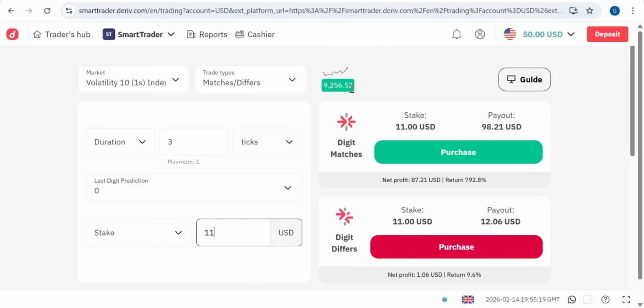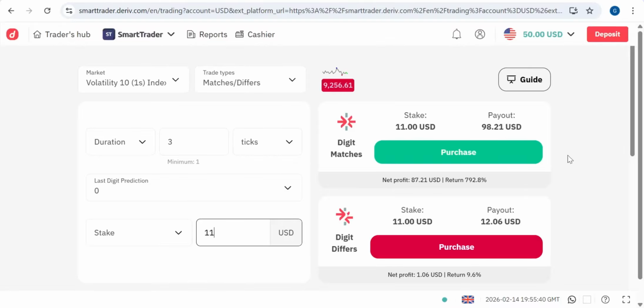It simply means if you have clicked here, you have gained this $98 by putting $11. So I don't know if you're catching that. So it simply means the last digit there, which is 3, which is 0 there. If that 0 comes on tick number 3, you gain that.